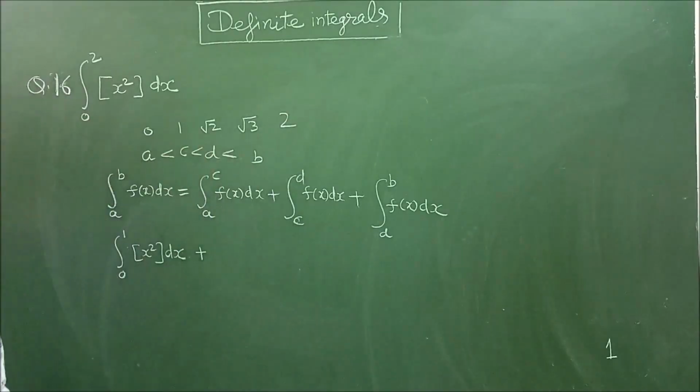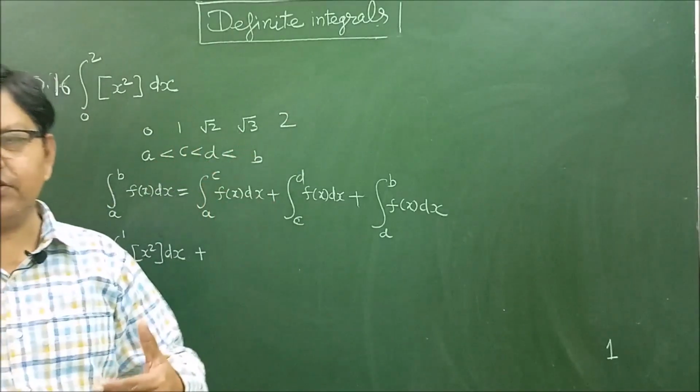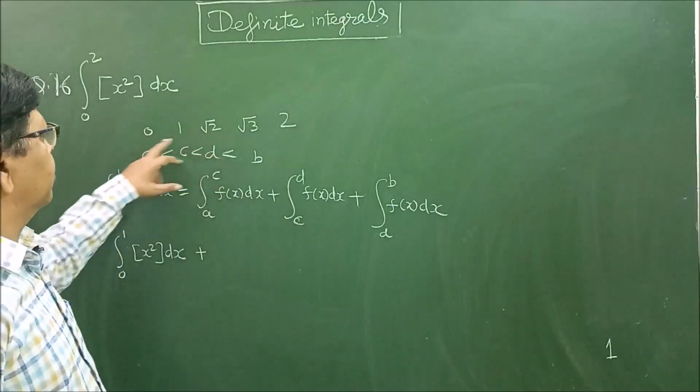Because the values 1.414 and 1.73 lie between 0 and 2.